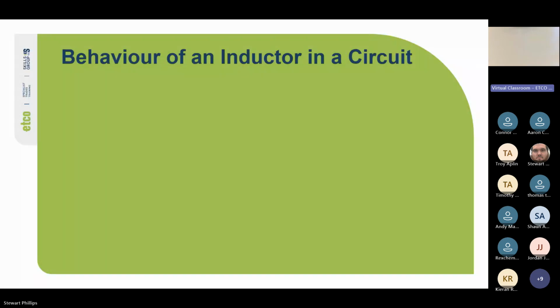Cool. So, how an inductor behaves in a circuit. Will an inductor have any effect on a DC circuit?